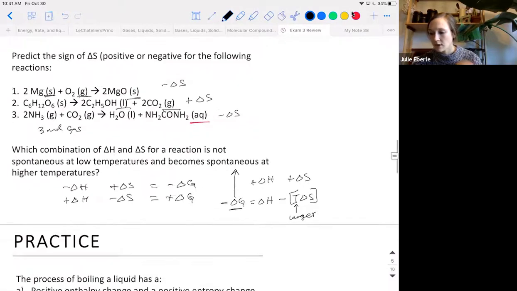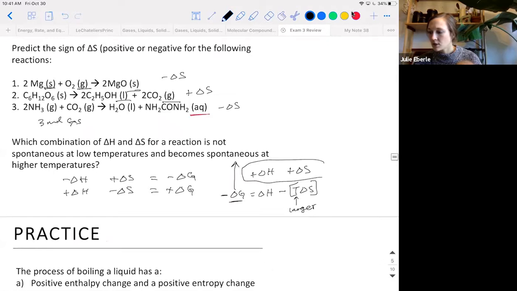Any questions on that? So this is the condition where you are more likely to get a spontaneous reaction at high temperatures and a non-spontaneous reaction at low temperatures.